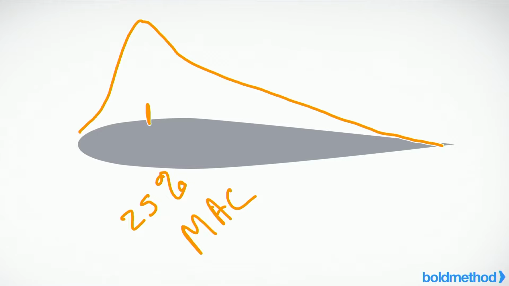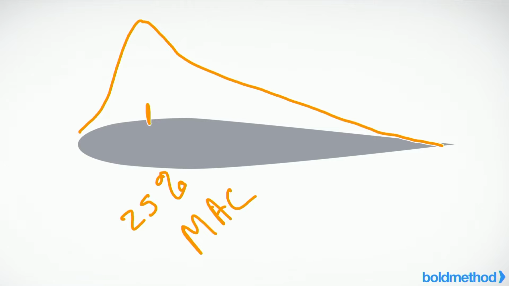MAC. MAC means mean aerodynamic chord, the average chord of your airfoil. And when we talk about chord, we'll go back and take a look at that. When we talk about chord, chord is the distance from the leading edge to the trailing edge. That's what chord is.